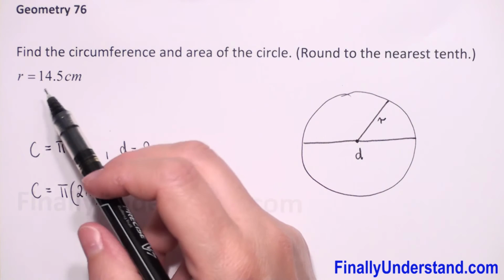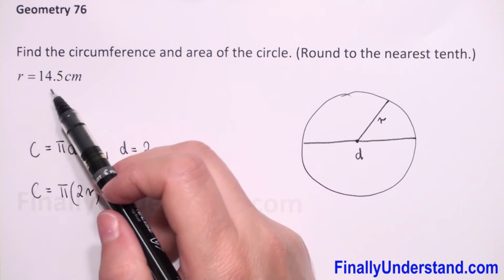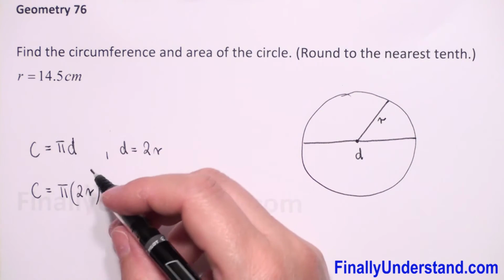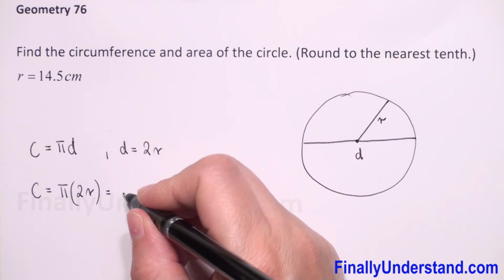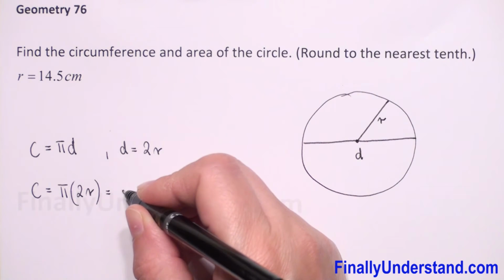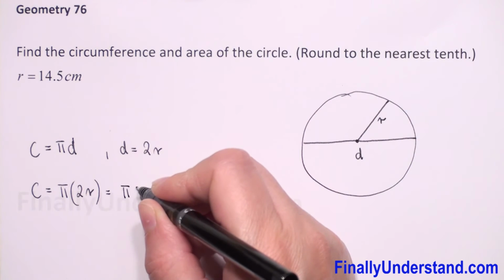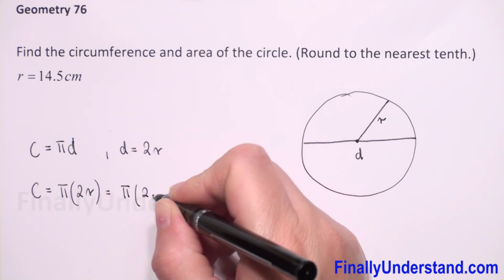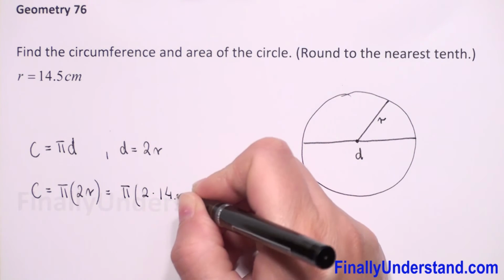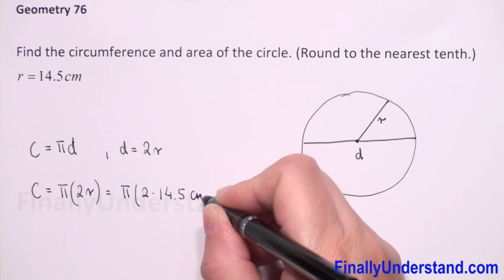We know our r is 14.5 centimeter. So this is equal pi times 2 times 14.5 centimeter.